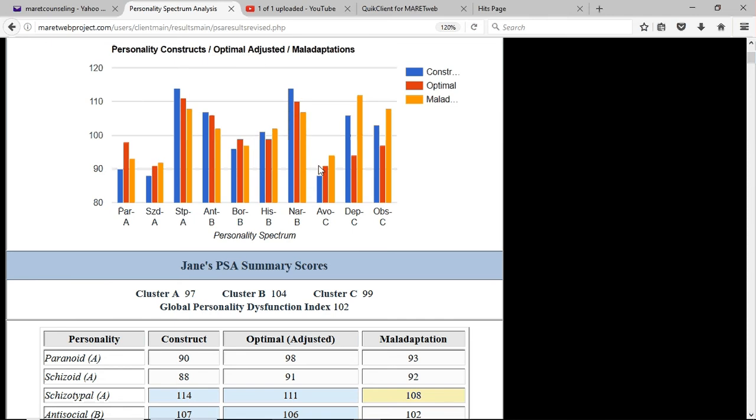Another one that you will see where the battle is not being won at all is the sandwich, the optimal sandwich. Optimal functioning in the middle is low. That almost always indicates that maladaptation is high.